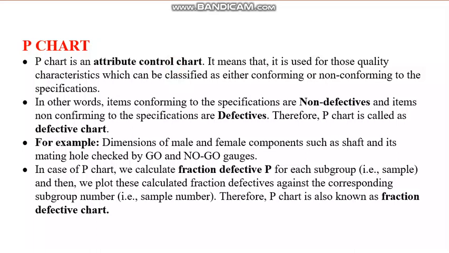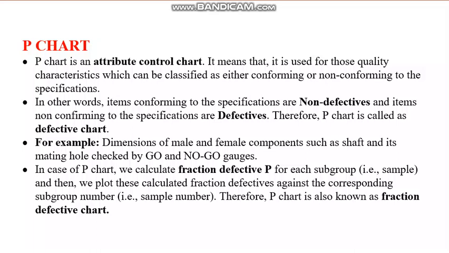Here it is only two results, either pass or fail, either accepted or not accepted, either conforming or not conforming. That's all. And also, as we have seen before, these are all whole numbers, they won't contain fractions.